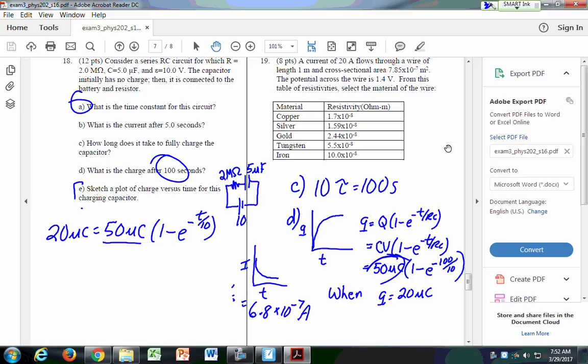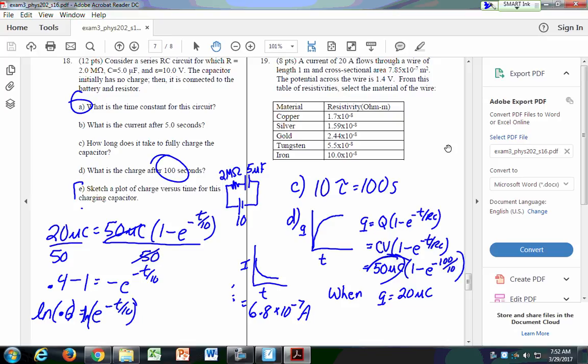It's a little bit hairy if you're not real familiar with exponentials, but it's a useful skill. I get 0.4 minus 1 equals negative e to the minus t over 10. So that's 0.6 equals e to the minus t over 10. And then I take the natural log of both sides. The natural log of 0.6 is negative 0.51.